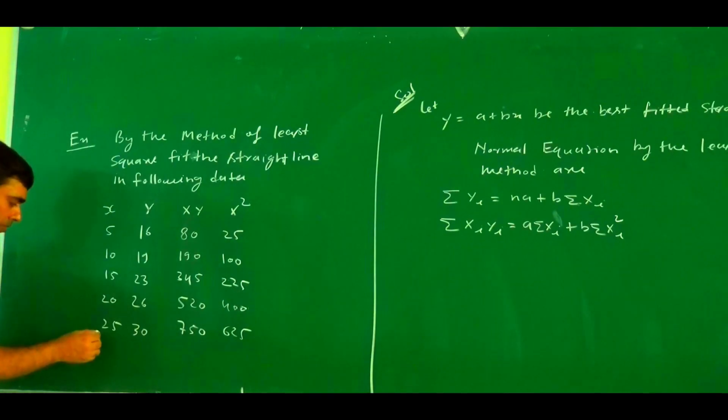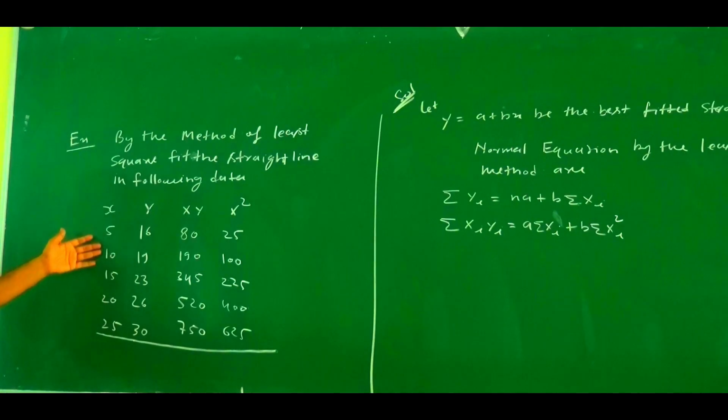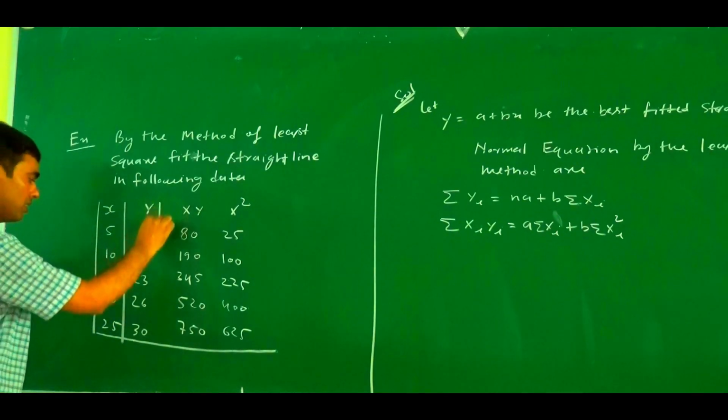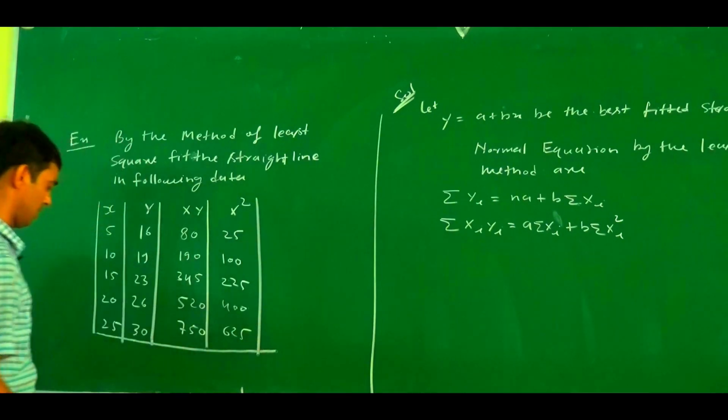So now we find the sum of these terms. We find the sum of each column.